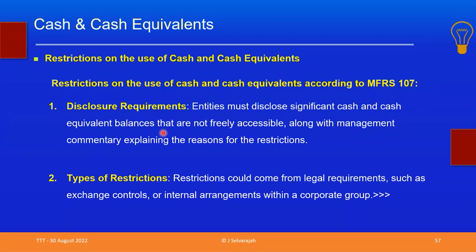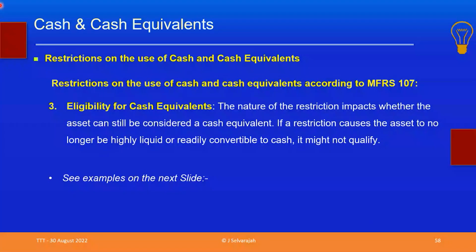Did you see just now in the notes, we did say there is a restriction on the fixed deposit because there is a charge on it. So you have to state that and explain. Types of restriction: restrictions can come from legal requirements like exchange control, or internal arrangements within a corporate group.